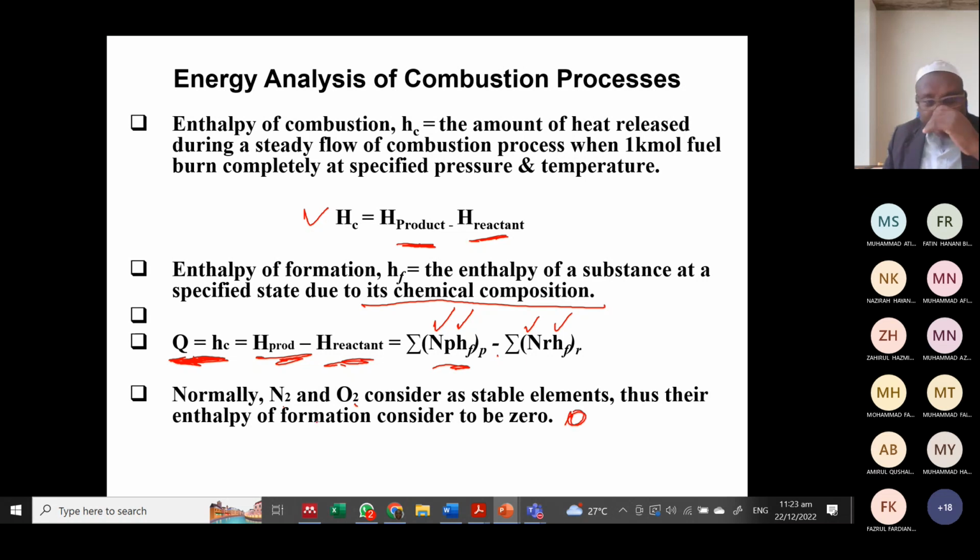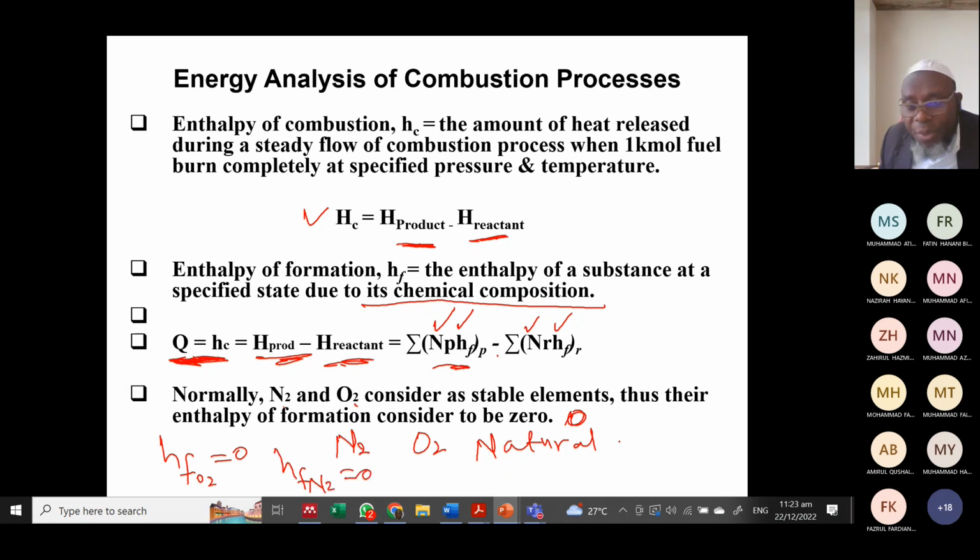Be careful over here. Nitrogen and oxygen occur in their natural states. You cannot form oxygen. Oxygen is oxygen. It occurs in its natural state. So the enthalpy of formation of oxygen is equal to 0, and the enthalpy of formation of nitrogen equals 0. But the enthalpy of formation of carbon dioxide is not equal to 0. Why?